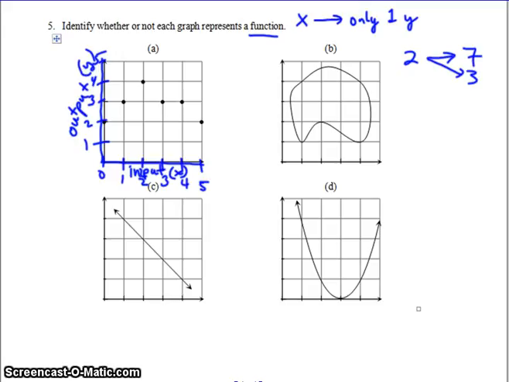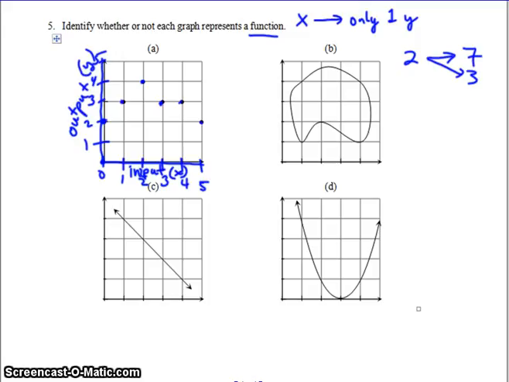When my input's 0, my output is 2 for this point. When my input's 1, my output's 3. When my input's 2, my output's 4. When my input's 3, my output is 3. When my input's 4, my output is 3. And when my input's 5, my output is 2.